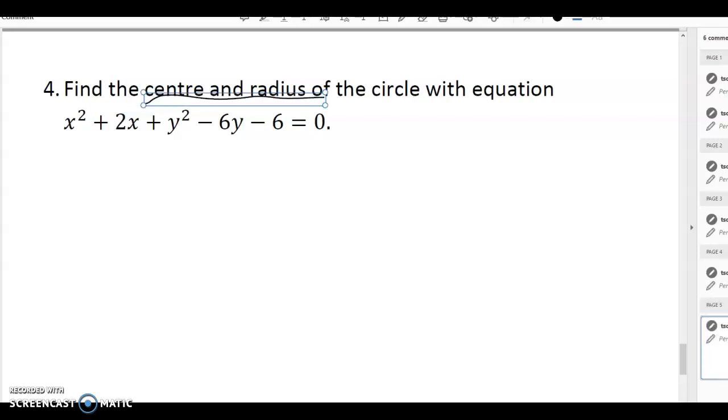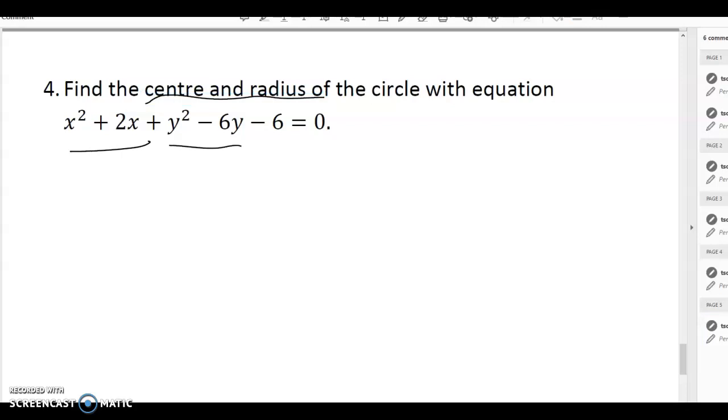Now, what's interesting about this circle is it's not in a very helpful form, and so we need to get it into the form that we wanted, the general form, (x - a) all squared plus (y - b) all squared equals r squared. So to do that, we're going to complete the square on both this part and this part of the equation to get it.